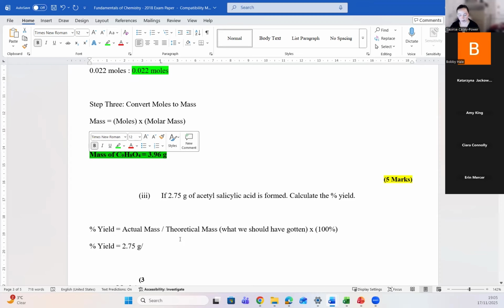Can everyone see where I'm getting that from? So 2.75 grams was given in the question, and we worked out that we should have gotten 3.96. Your theoretical mass is what we should have gotten, 3.96 grams. When we did the experiment, we only got 2.75 grams.